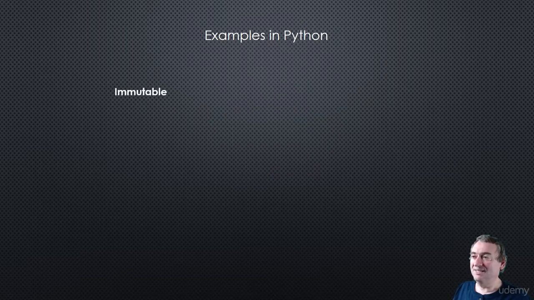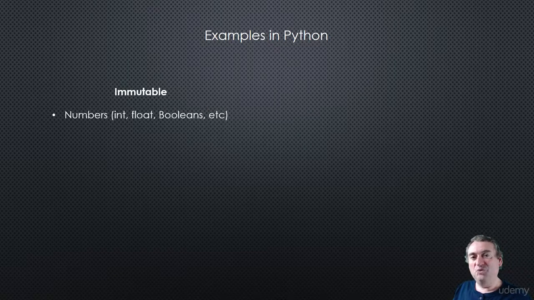So let's look at some examples in Python, and let's start with immutable objects. All numbers in Python are immutable. So ints, floats, booleans, complex numbers are all immutable objects. In other words, they get created in memory at some memory address, but we can never change the internal data, the internal value of that number.